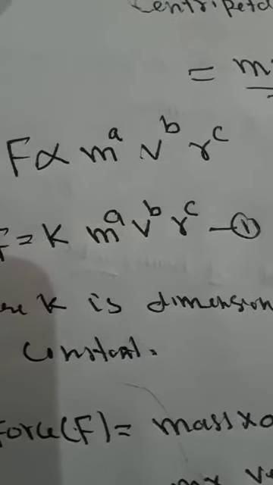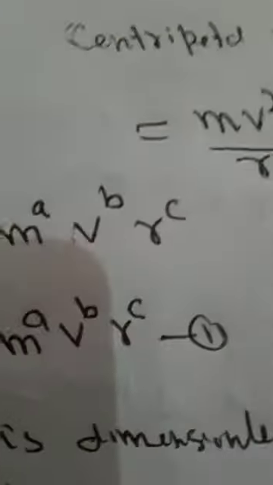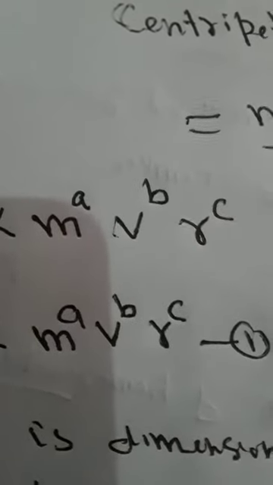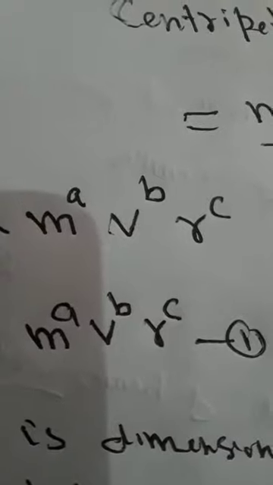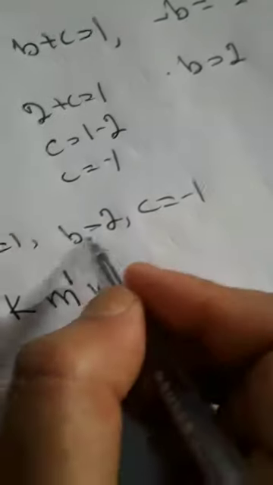Instead of a I can write 1, because a is equal to 1 here. b is equal to 2 here, and radius is raised power c, which is minus 1.